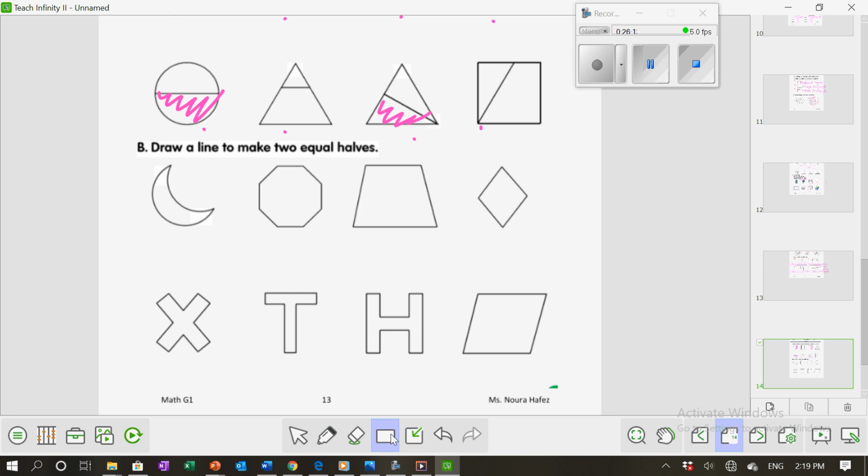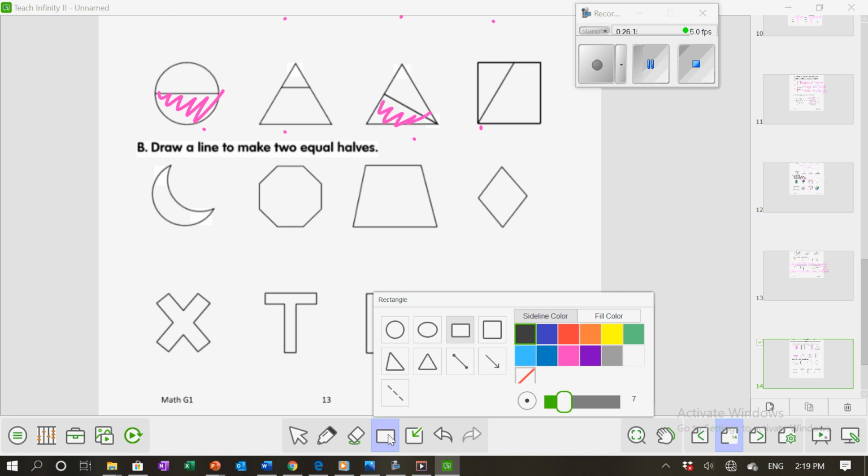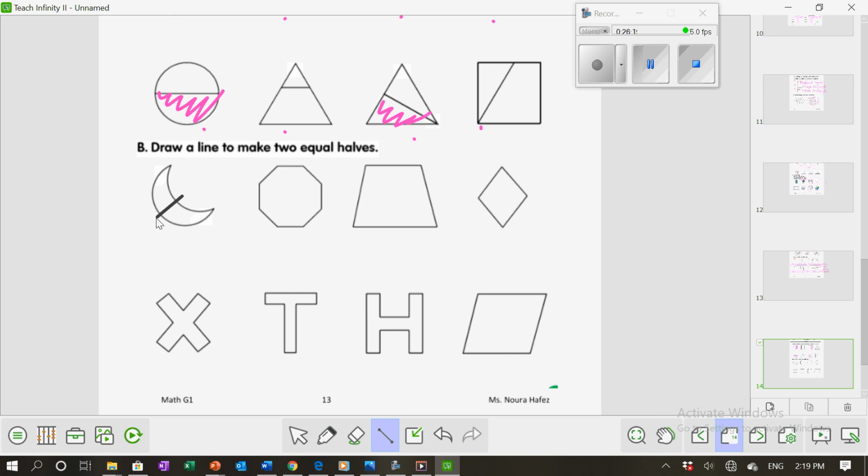Let's bring the line. Yes. For here, like this. For here, from the opposite side. Yes. Wait a minute. Trying to make it equal.